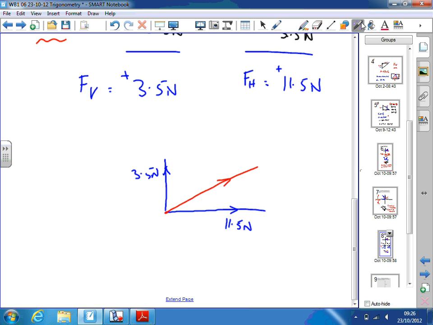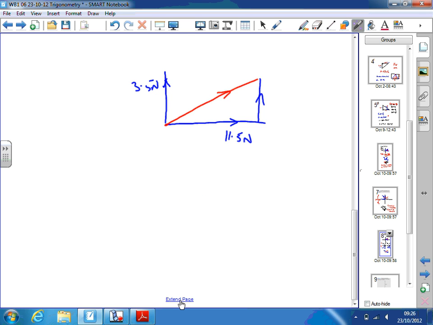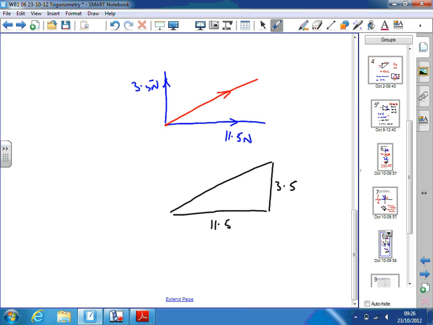So now again I effectively shift this 3.5 newton force over here, so I end up with a right angle triangle. So this gives me my right angle triangle, which is what I'm after. So that's 11.5, this is 3.5, and I'm after the resultant.